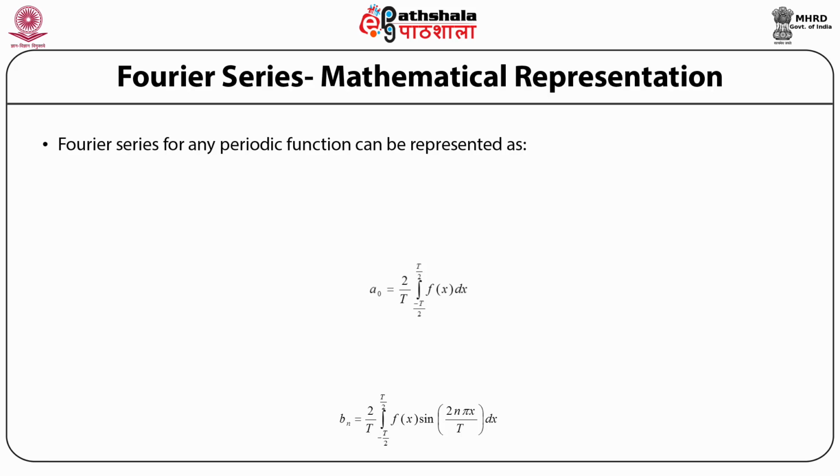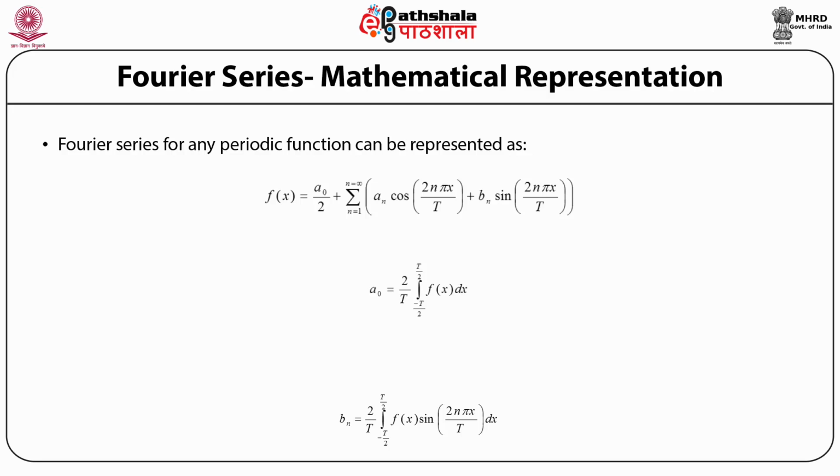Fourier series mathematical representation. The Fourier series can be written as f of x, which is the function, written as a0 by 2, that is the initial constant. Then we can write the repeating functions, which is the sum of n going from 1 to infinity. So you can write as many terms as you want to represent any function f of x.